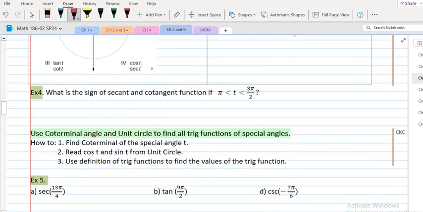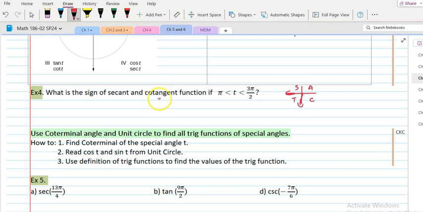What is the sign of secant and cotangent if t is between pi and 3 pi over 2? Pi is here, 3 pi over 2 is here. So if you are in this quadrant, using A Smart Trick Class, T means tangent is positive.